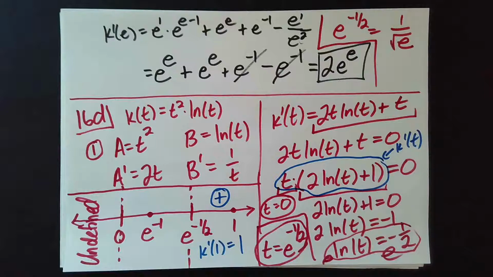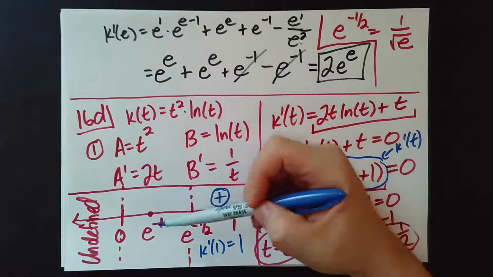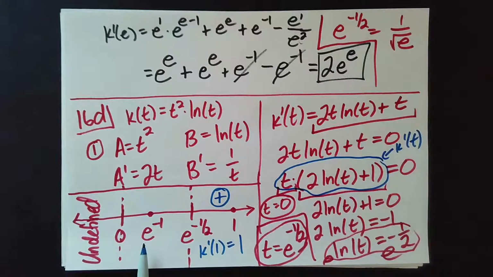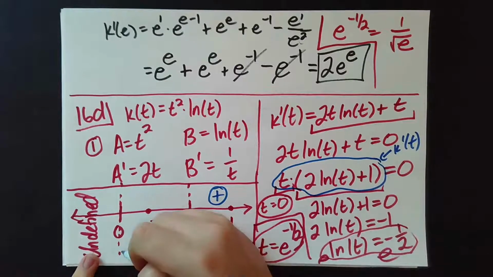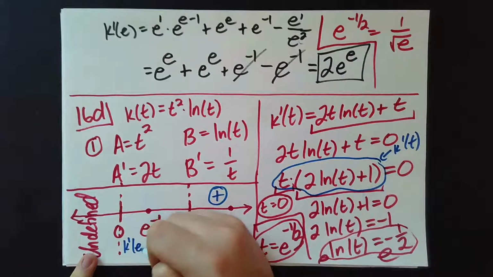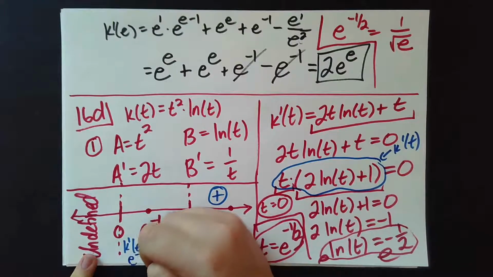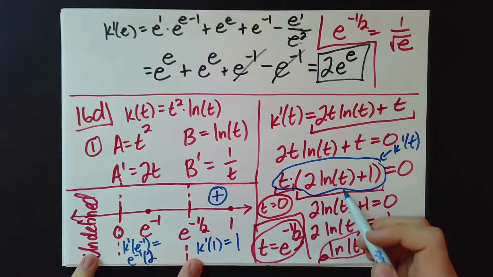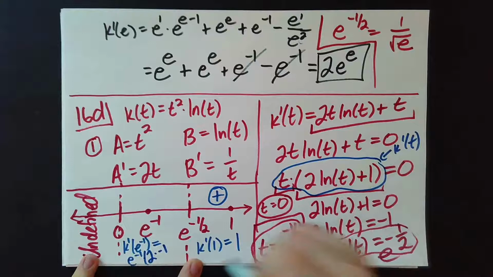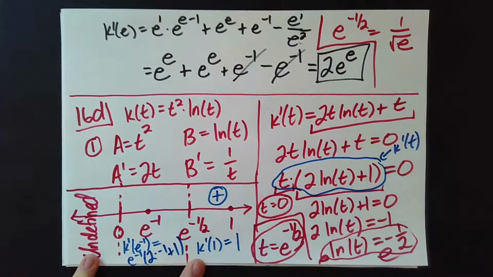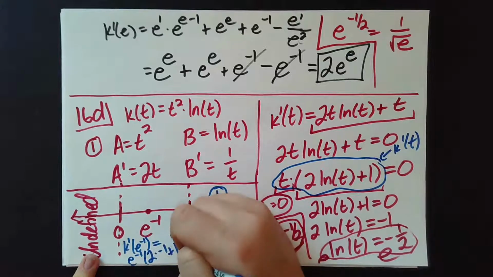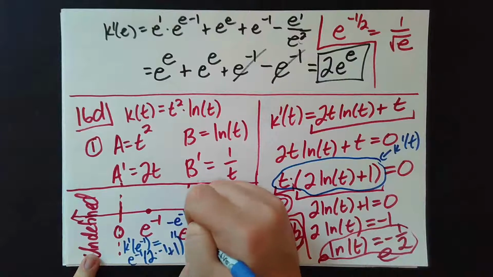Now, over here, I need to plug in e to the minus 1, where I'm going to get that k prime of e to the minus 1 is e to the minus 1 times twice the natural log of e to the minus 1, which is minus 1, plus 1. 2 times minus 1 is minus 2, plus 1 is minus 1. So this is a minus e to the minus 1.